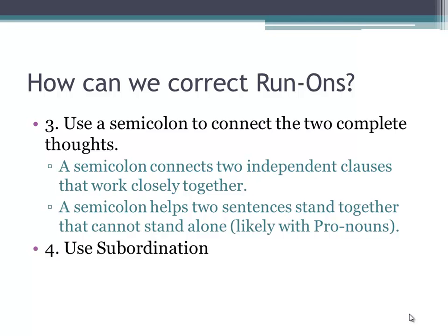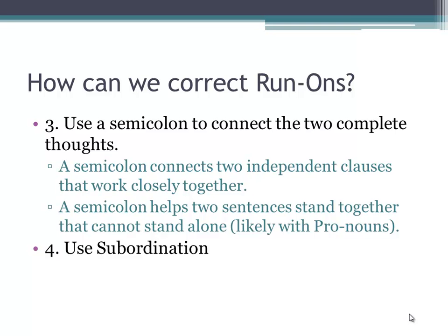Another way to correct run-on sentences, using a semicolon. Does anyone remember what a semicolon is or why we would use a semicolon? To correct it. All right, to obviously correct a run-on. If you look at a semicolon, it's a period on top with a comma on the bottom.